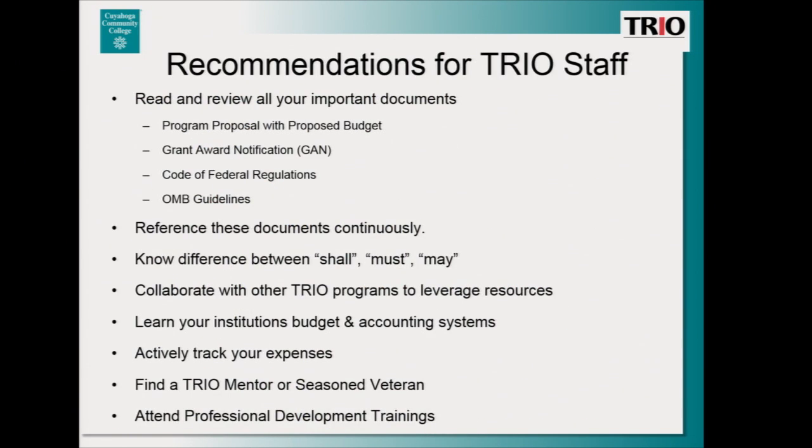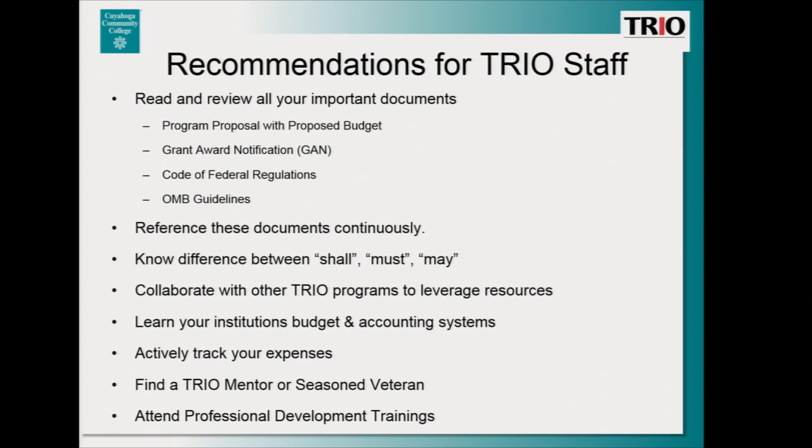As we close, just a few recommendations for TRIO staff. As I noted in the beginning, we did not have time to review every single section of your EOC program regulations, but it's very important that you continue to read and review not just the program regulations, but also all other important documents.